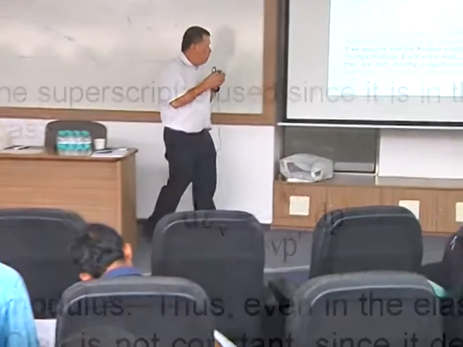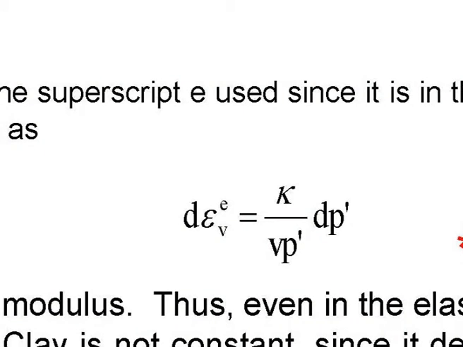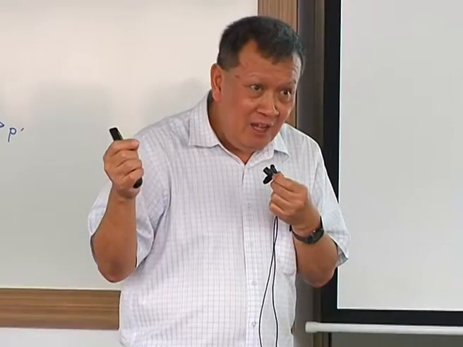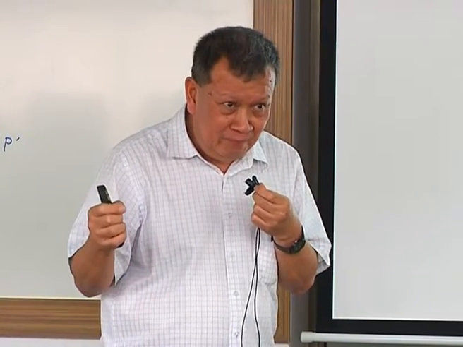Fine? Yes, correct, because the bulk modulus is not constant. You remember the Young's modulus and the bulk modulus are related through the Poisson ratio. If the bulk modulus is increasing, you would also expect the Young's modulus to be increasing. And the same thing with the shear modulus. If the bulk modulus is increasing and your Poisson ratio is a constant, you expect your Young's modulus to be increasing.